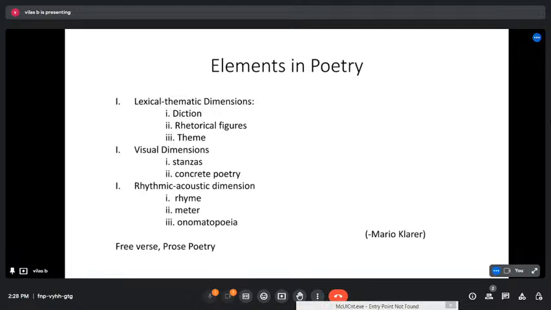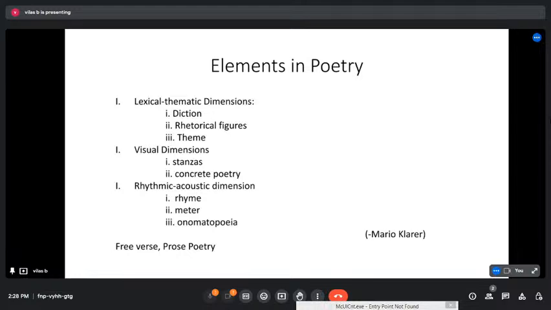So in general discussion, you can find elements in poetry. So there are different elements. Of course, these are the elements we put in other words. So while we study poetry, what are the elements in poetry? So the elements in poetry, number one is lexical.